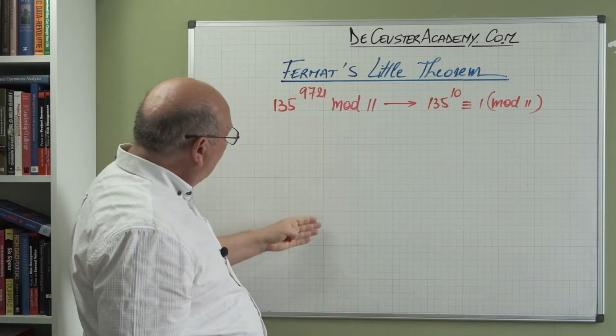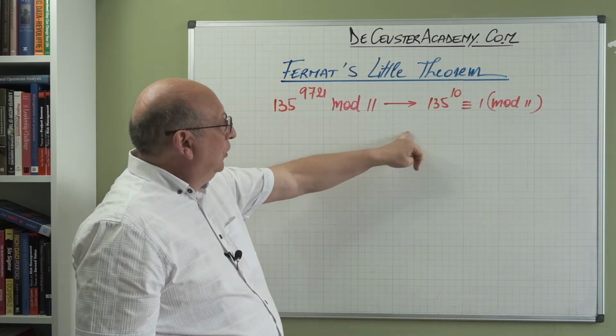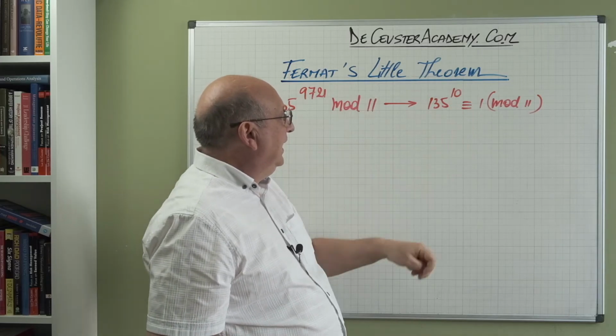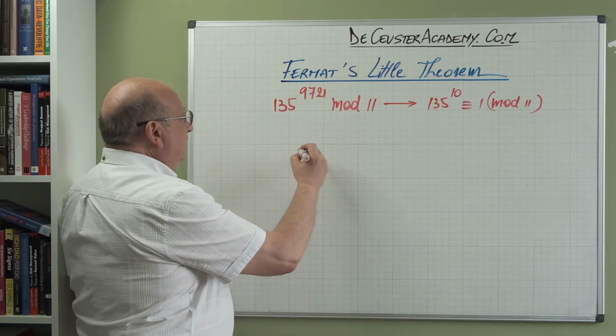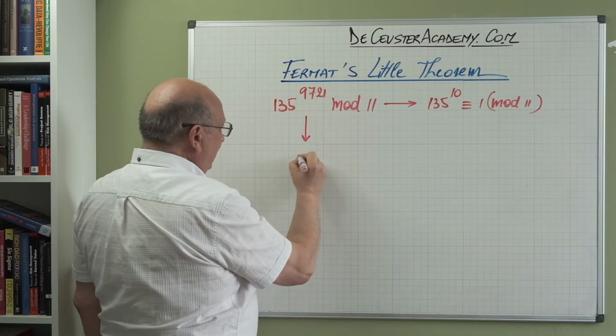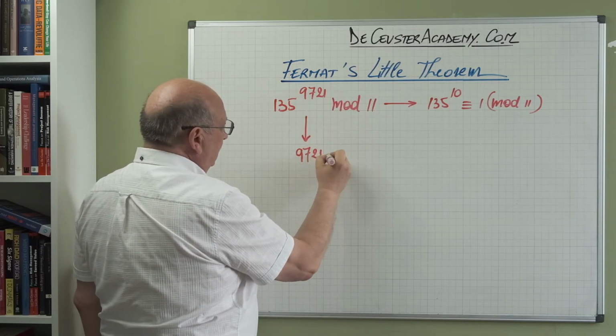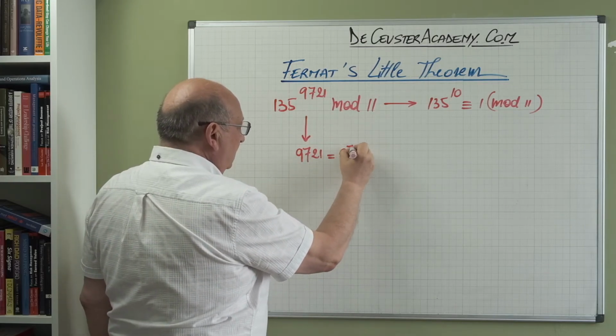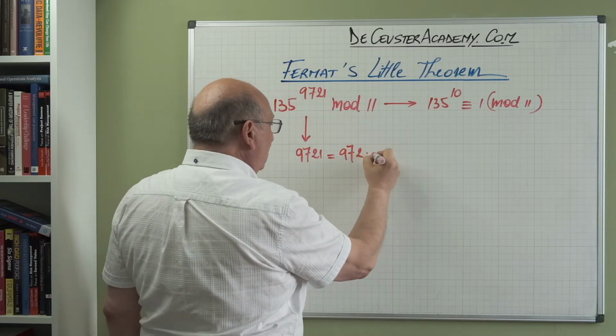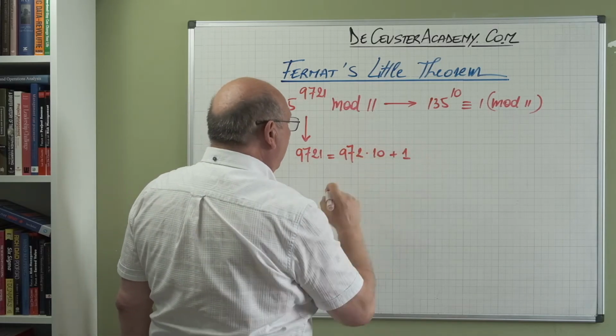Now we can do all the calculations, all the steps, 135 to the power 20 and so on. But we can immediately go faster. We can say that 9721 is 972 times 10 plus 1.